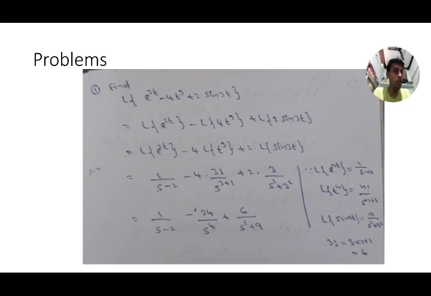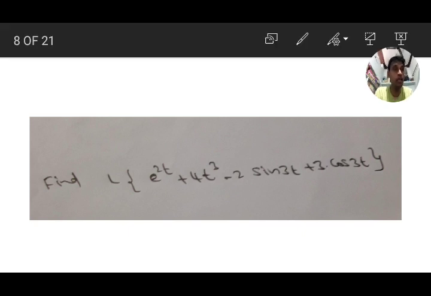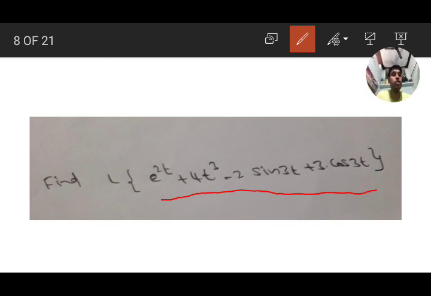Okay, over. Next problem: find L of e to the power of 2t plus 4t cube minus 2 into sine 3t plus 3 into cos 3t. Here we have 4 functions, an algebraic sum of 4, with addition and subtraction: 1 subtraction, 3 additions.